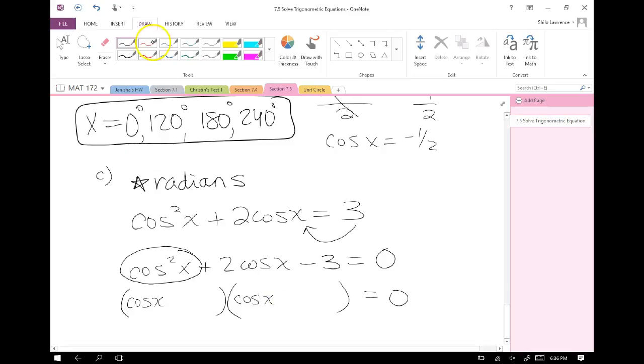And we're looking for 2 numbers that multiply to make negative 3, but add to make positive 2. And that's going to tell us what numbers to write in the back of our parentheses. And that's going to be a plus 3 and a minus 1. So this is quadratic factoring.